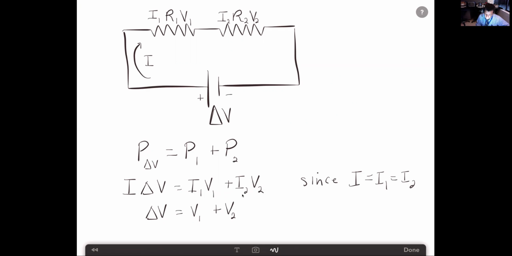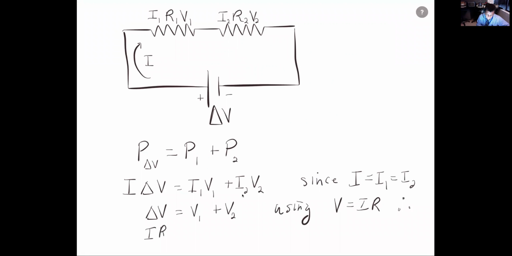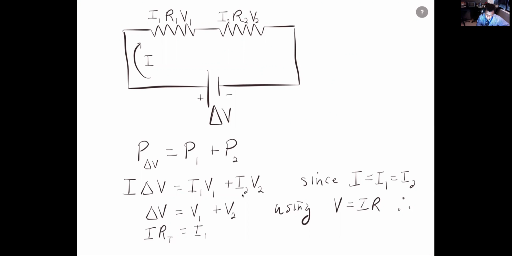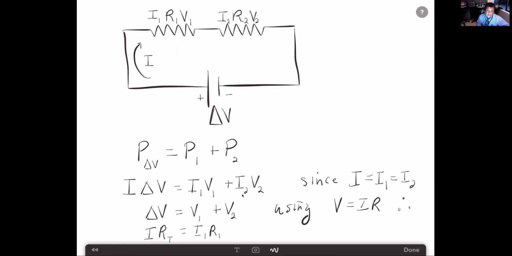Using Ohm's law, we can write I times the total resistance equals I1 times the resistance of resistor 1 plus I2 times the resistance of R2.